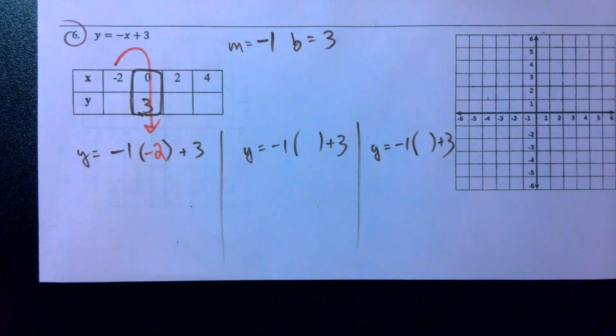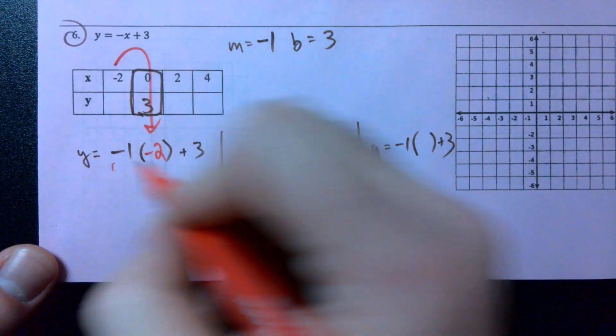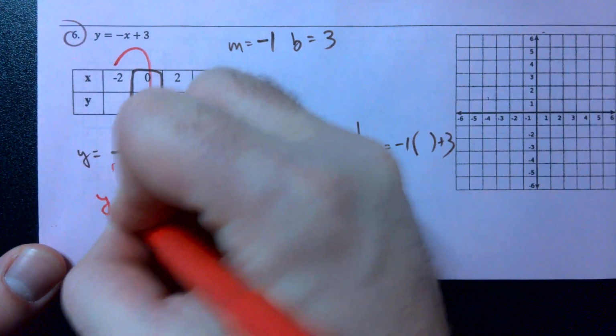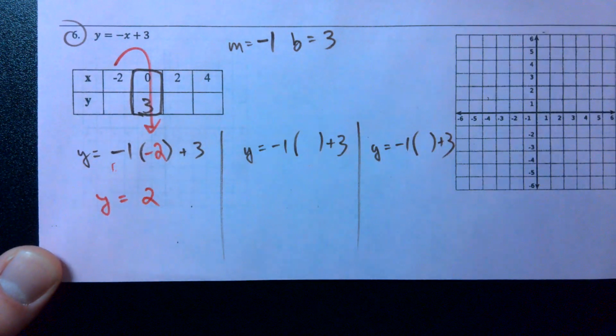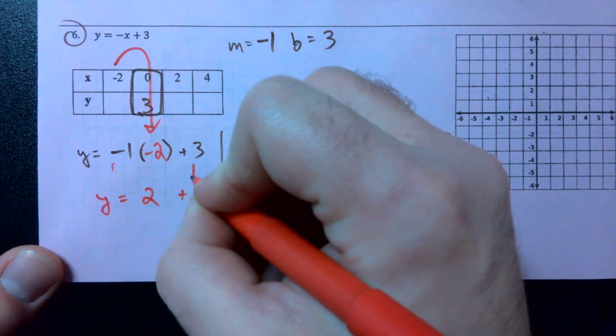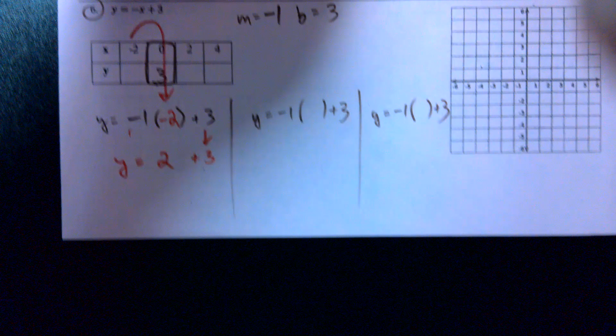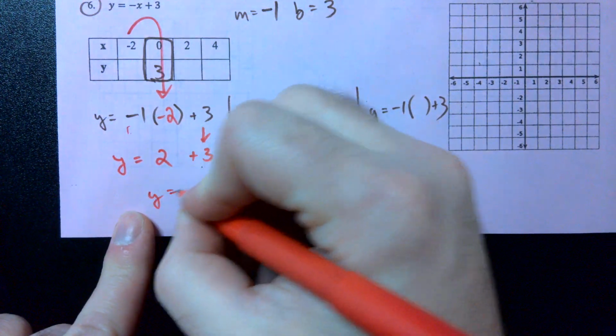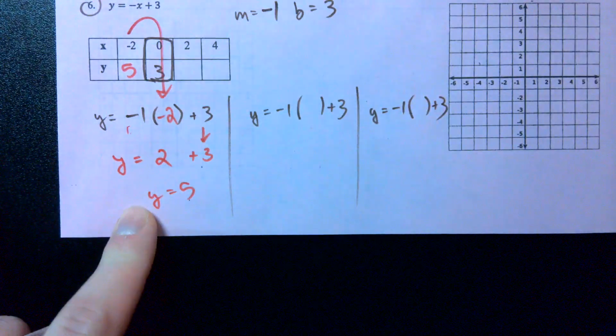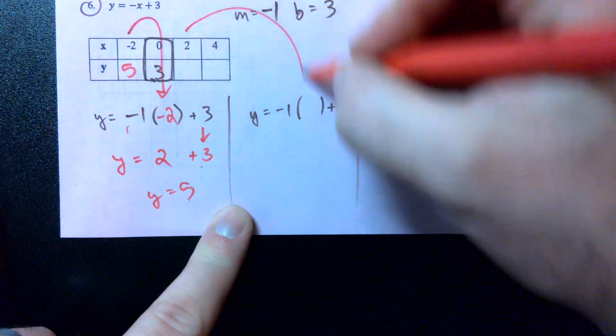What's a negative times a negative again? Positive. So what's negative 1 times negative 2 then? Positive 2. Bring down my plus 3. Now I have that extra step, unlike in number 4. And 2 plus 3 gives me 5. Plug in positive 2.